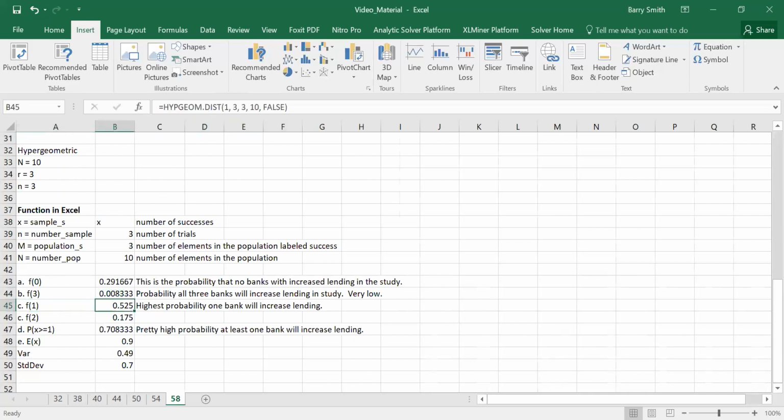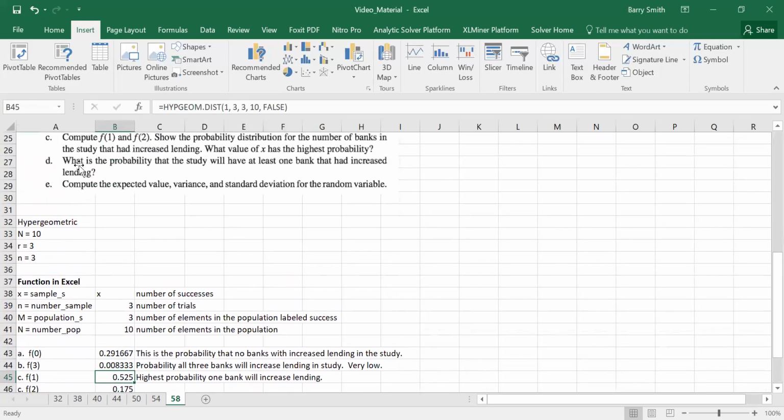Well, we plug in 1 instead of the 0 or the 3, and we find it's 0.525. And if we do the f of 2, we get 0.175. And so kind of the thing is, if we look at all those, the 0.525 is the highest probability. So that means 1 bank increasing lending is the highest probability of those options.